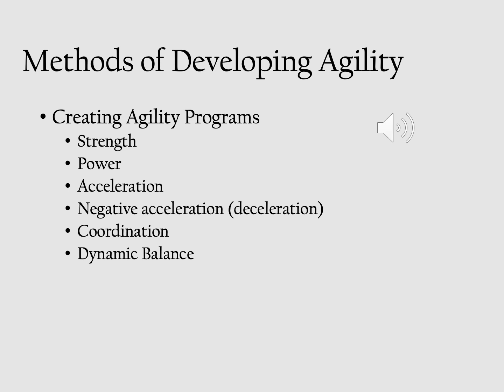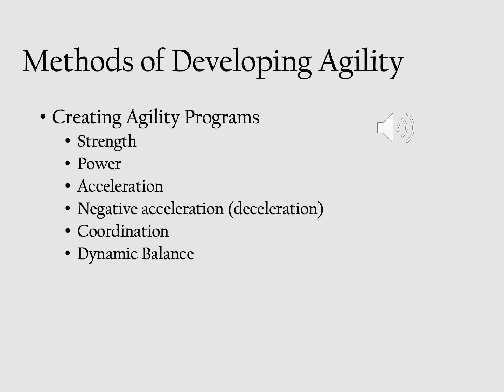Strength refers to the maximal force that a muscle or muscle groups can generate. Research has demonstrated that there's a very strong correlation between lower body strength and agility. Therefore, we should place emphasis on strength as a foundation in order to develop agility.